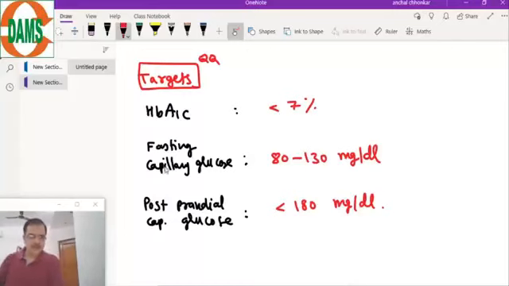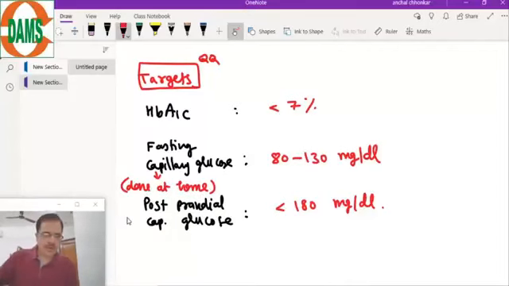Why capillary glucose? Because capillary glucose is home monitoring. These targets are set because the patient may not be able to go to the lab every third day. The patient will check the sugars at home.